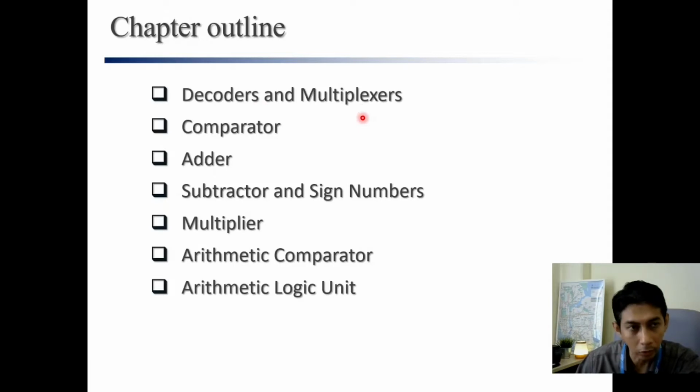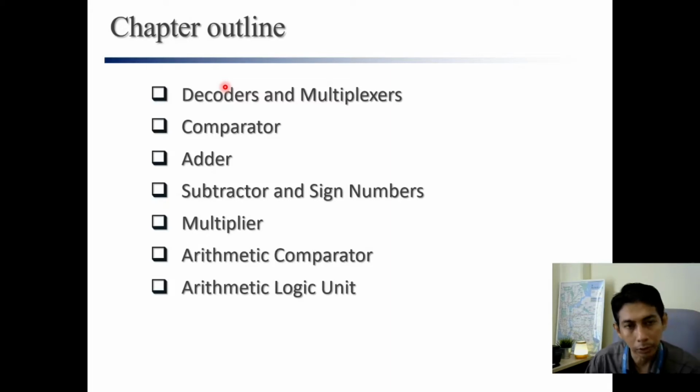Actually, you also have encoder and demultiplexer, but encoder and demultiplexer are not very useful in computers. In a computer or microprocessor, we use decoder and multiplexer a lot. For example, a decoder is used to decode the memory address, or to activate a particular module at a time.